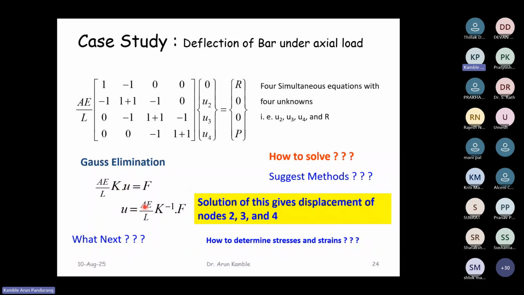We can simplify this equation and write U in terms of K inverse and the global force vector, and the solution gives the displacement of nodes number 2, 3, and 4, and the reaction. So how do we determine the stresses and strain by using this displacement?